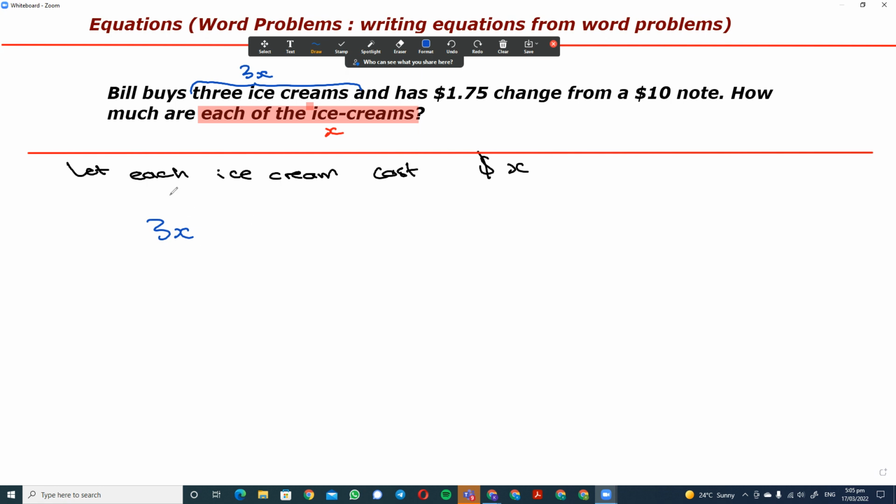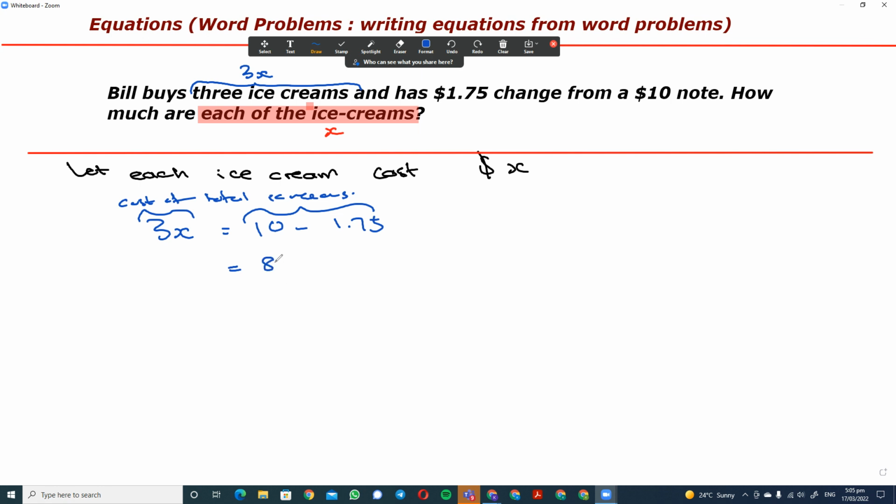So the total cost of the ice creams is the difference between the $10 note and $1.75. Let me write it. Cost of total ice creams, because he bought 3.